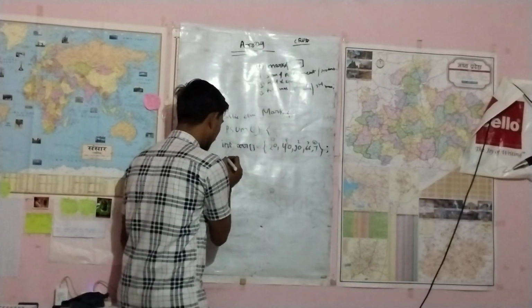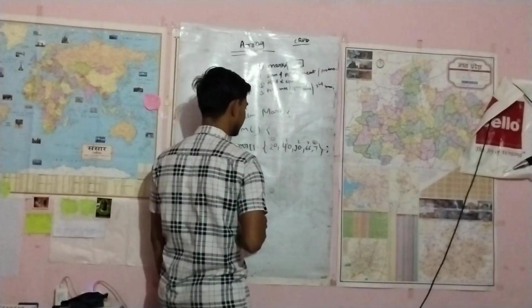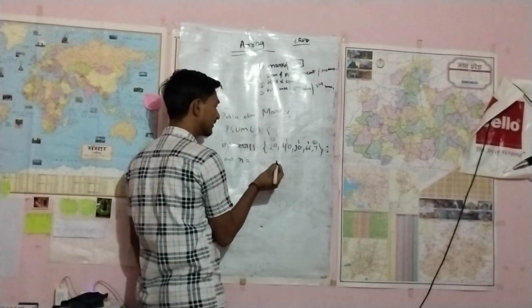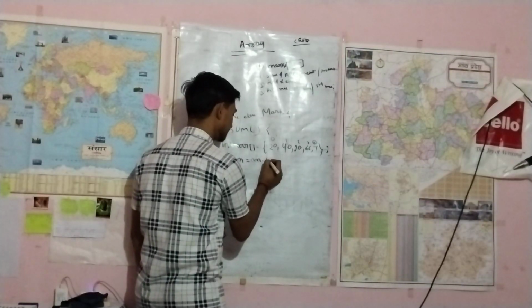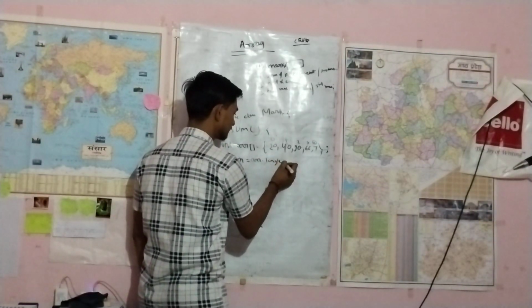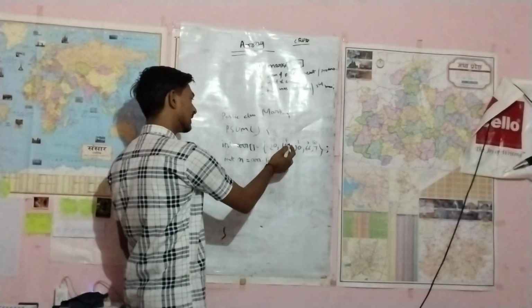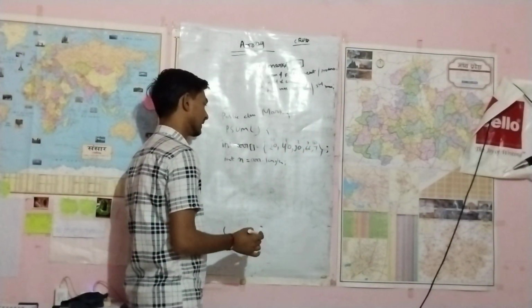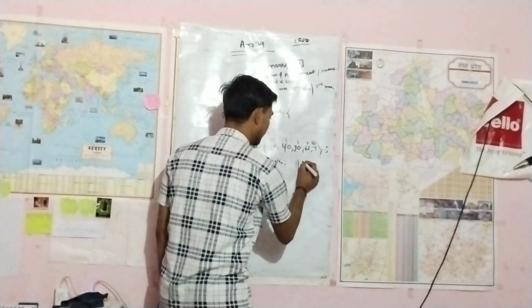So for that I am going to store its size, and you know how we can find the size of this array. You have to write simply array dot length. Now you would be able to know the length of this array, and the length would be 1, 2, 3, 4, 5.